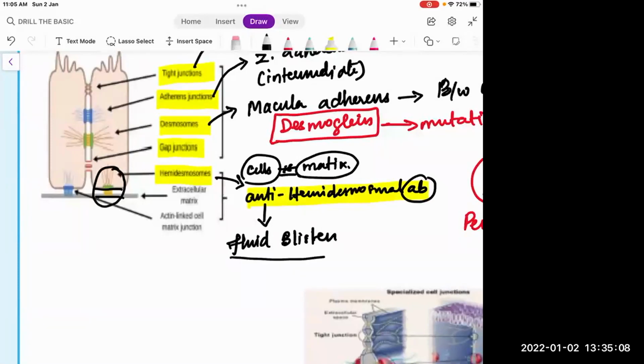So that is the reason why you will encounter the fluid blisters in case of hemidesmosomal defect, and that you call bullous pemphigoid.